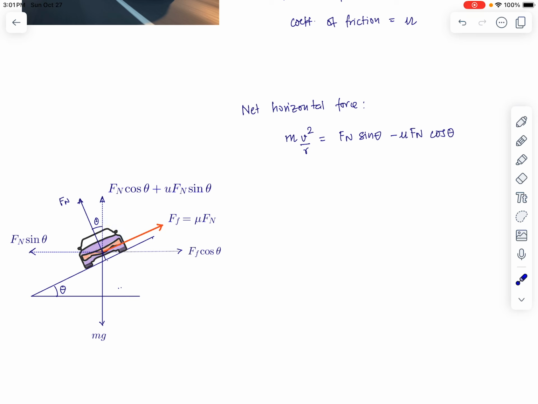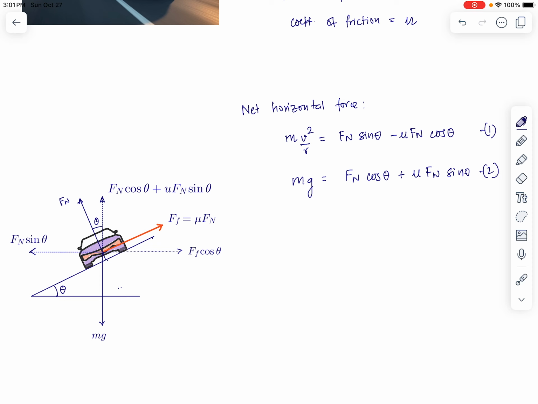The vertical component of Fn is Fn times cosine of theta, and that should equal the weight. So we can write the weight mg equals Fn times cosine of theta plus mu times Fn sine theta. So this is equation 2, and the previous one is equation 1.